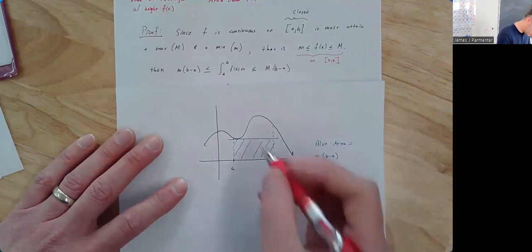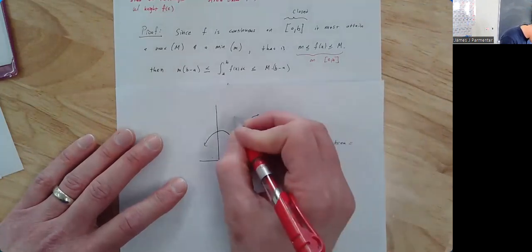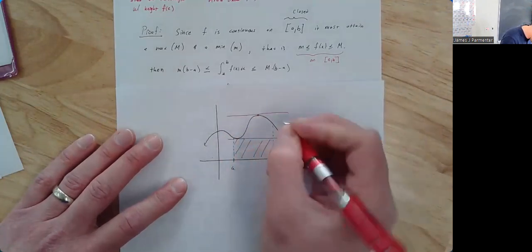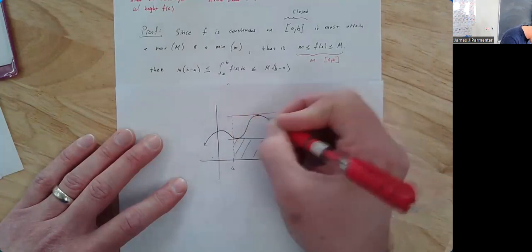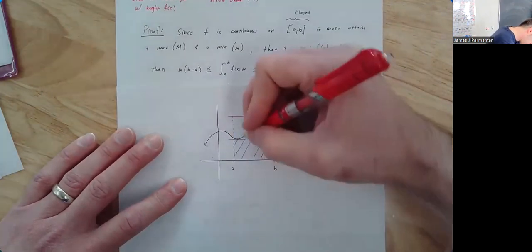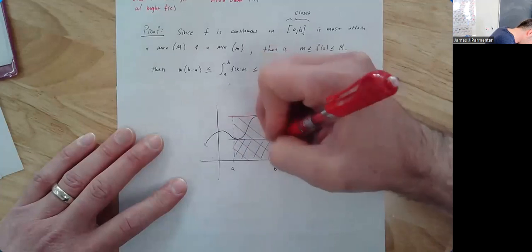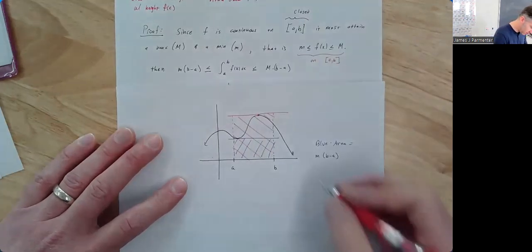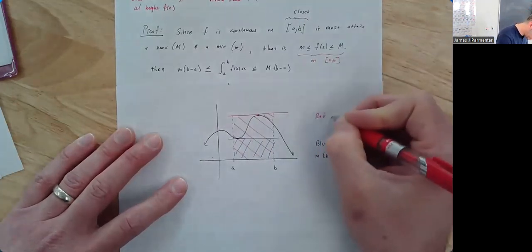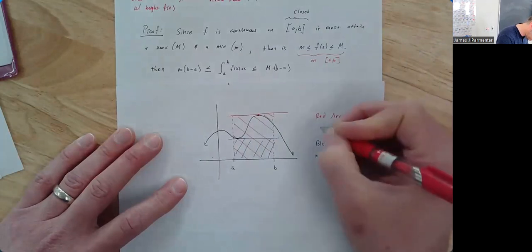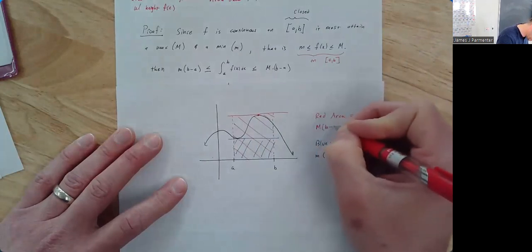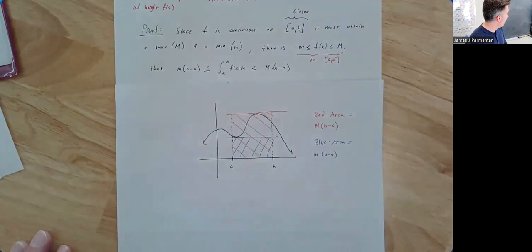And it's certainly less than or equal to this red area here, which I will do this way, which is definitely the maximum function value on that interval times the base of the rectangle. So it has to be true that the area under the curve is between those two rectangle areas. Bigger than the smallest possible rectangle, it's smaller than the largest possible.